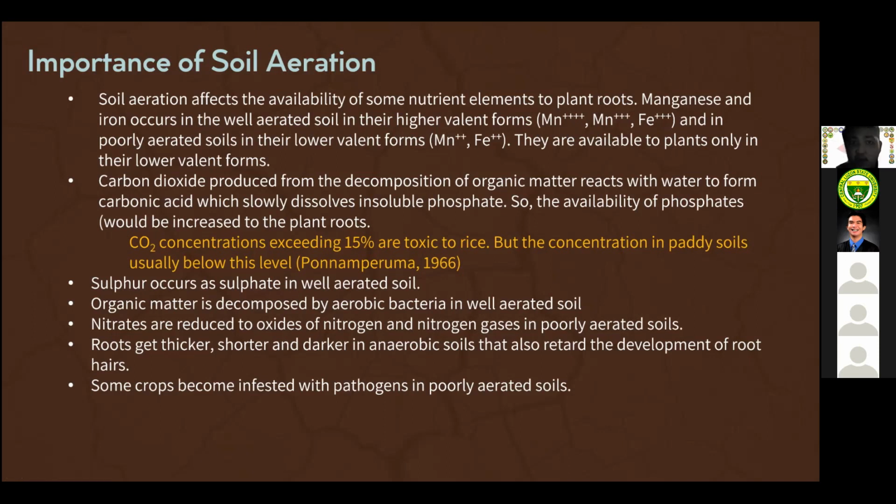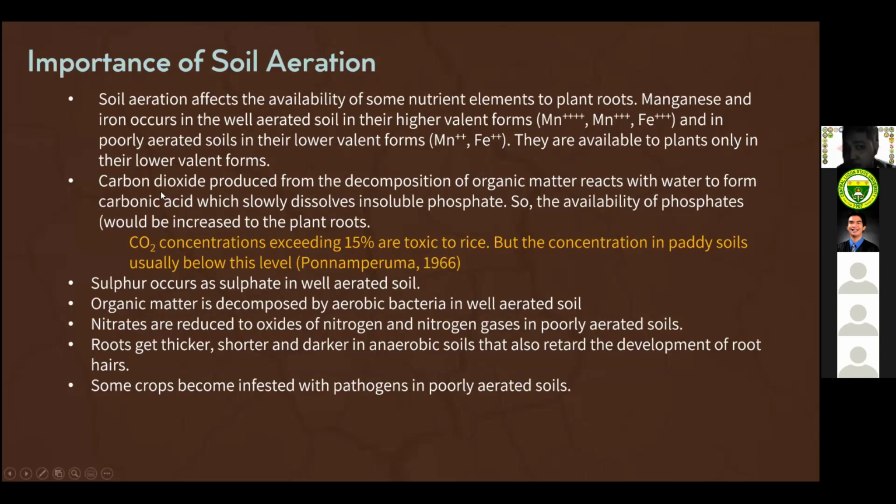So these are actually good in plant roots. But if the soil is poorly aerated, so they are present in lower valent forms. So these are manganese positive 2 and iron positive 2. So they are available to plants only in their lower valent forms.